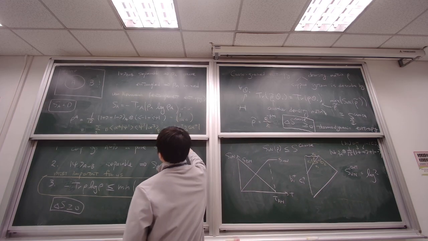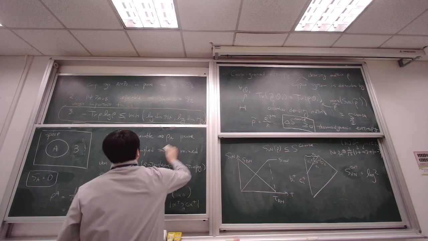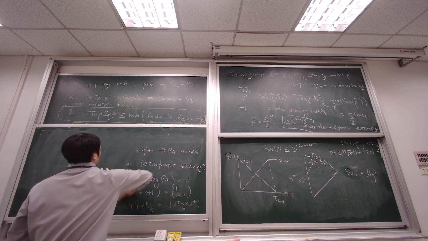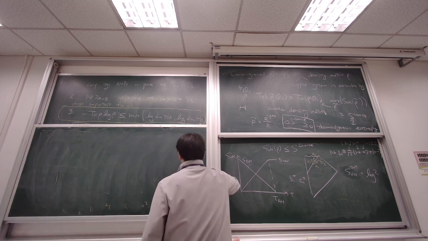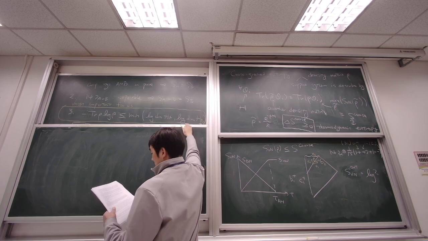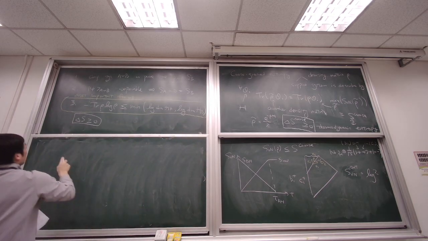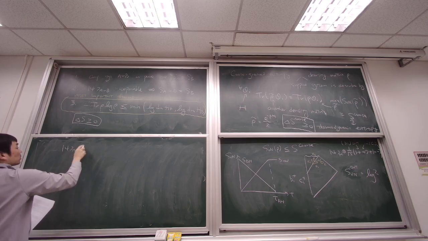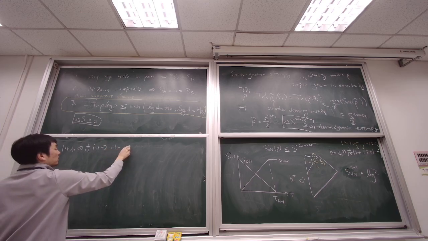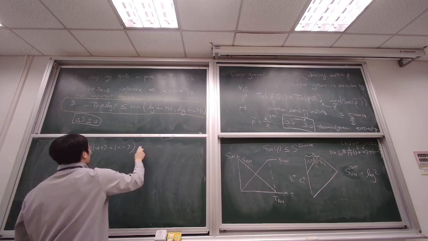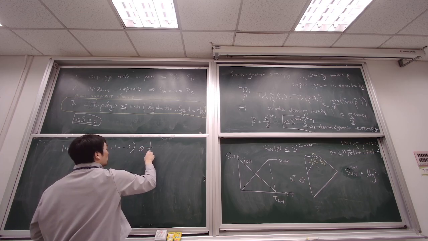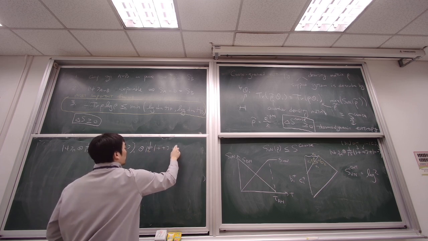Then the total system state is again entangled: psi M times one over square root 2 of plus plus and minus minus, times another one over square root 2 of plus plus and minus minus.